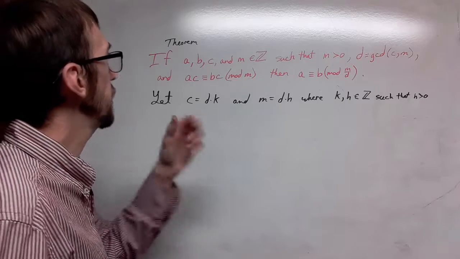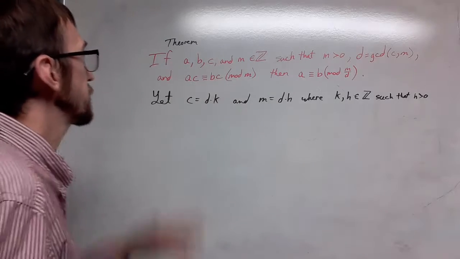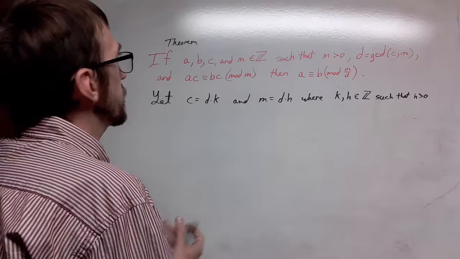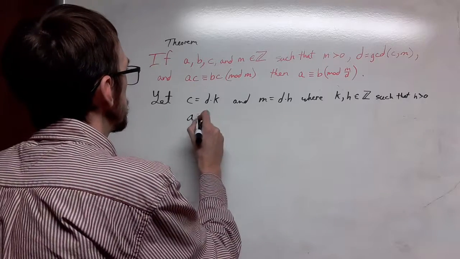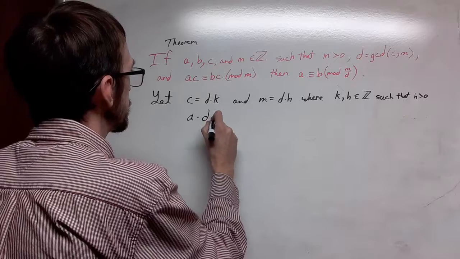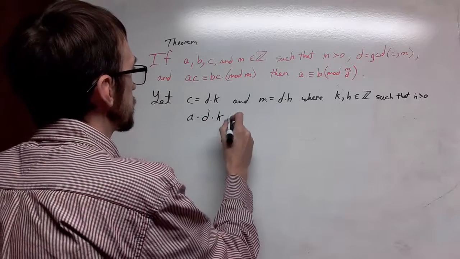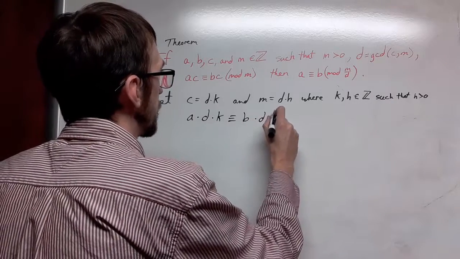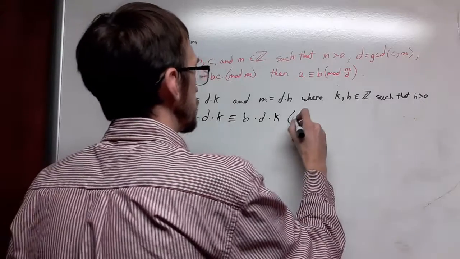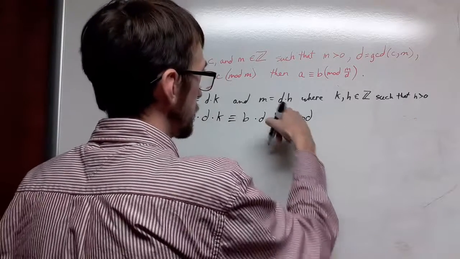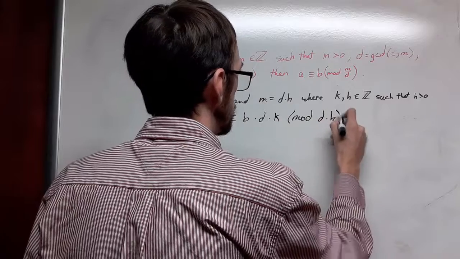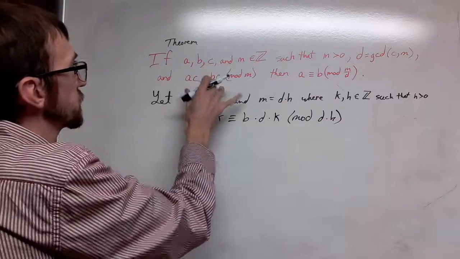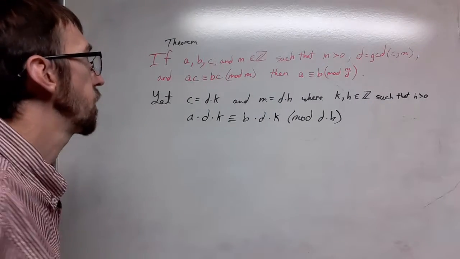And now we're going to put that into this piece here. And so we're going to rewrite this with our new terms. So a times d times k is going to be congruent to b times d times k, and all of that is going to be mod d times h. So establishing these factors and then substituting it into this piece, I have this statement.